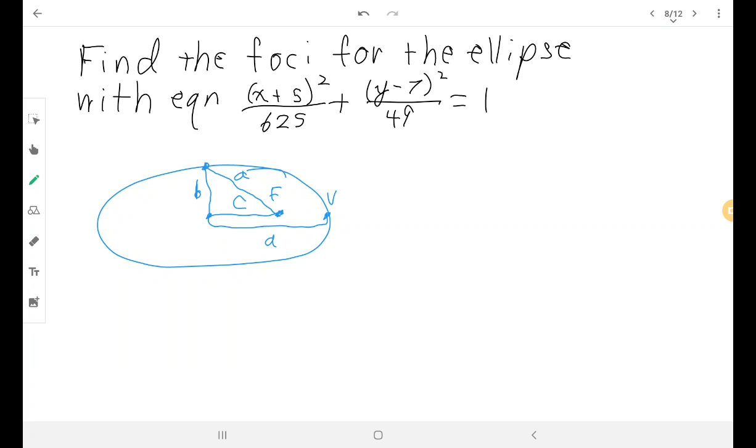So as long as I have A and B, I can get C. As long as I have the center, I can calculate the distance away, and I just need to know which direction I'm moving in. So I know that B squared plus C squared equals A squared because of the picture.